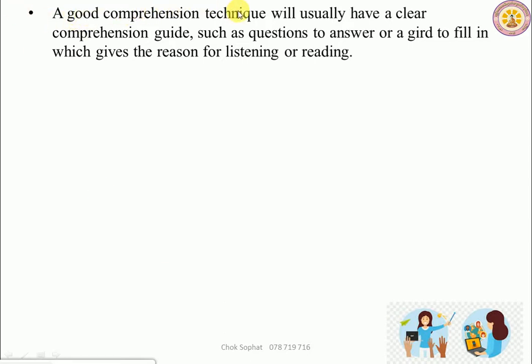Good comprehension techniques will usually have a clear comprehension guide, such as a question to answer or a gap to fill, in which you give the reason for reading or listening.